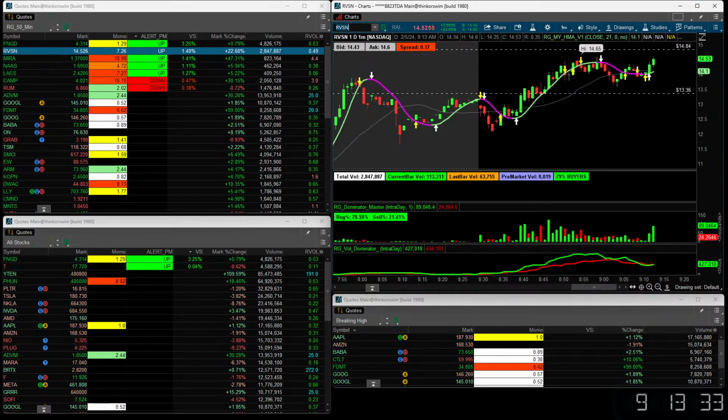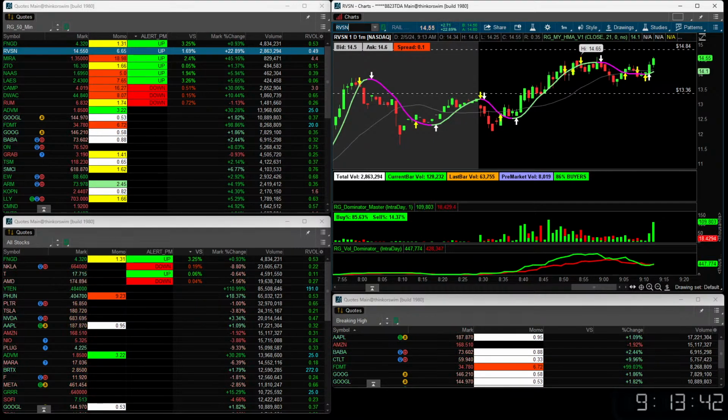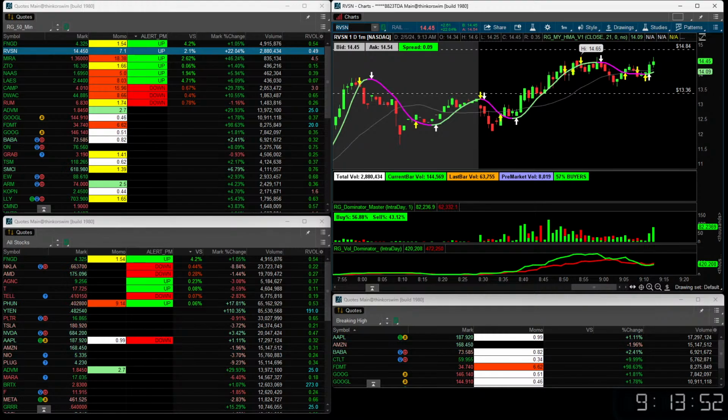RVSN is trying. It's trying to get some power to get up there. Looking good on the green bars on Dominator Master. Let's see if we can break 1484. And that line's probably wrong. It's probably 1485. I just kind of get close with them. Always keep that in mind.